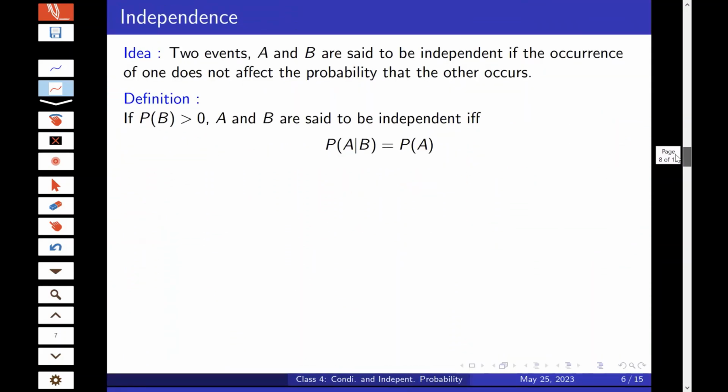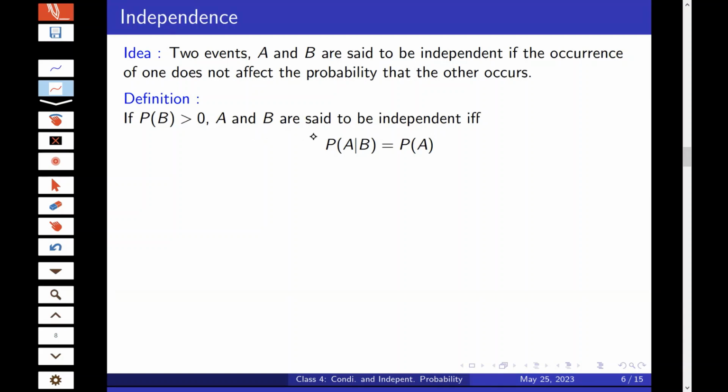Okay, so those are some quick examples of independent and dependent events. Now let's see how we can define the independence of two events. There are two definitions. The first definition is based on conditional probability. Suppose the probability of B is strictly greater than 0. Then A and B are independent events if and only if, abbreviated iff, which means the statement is true in both directions.